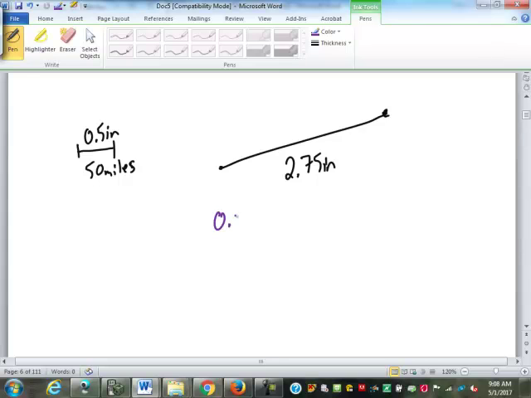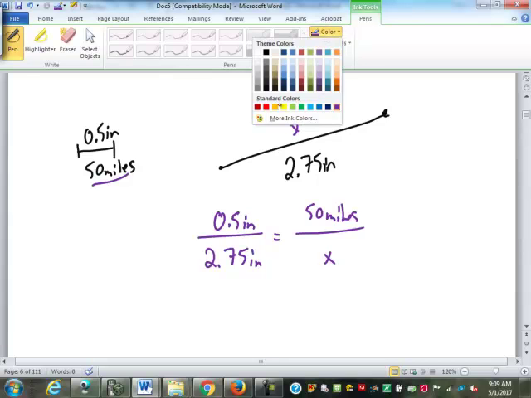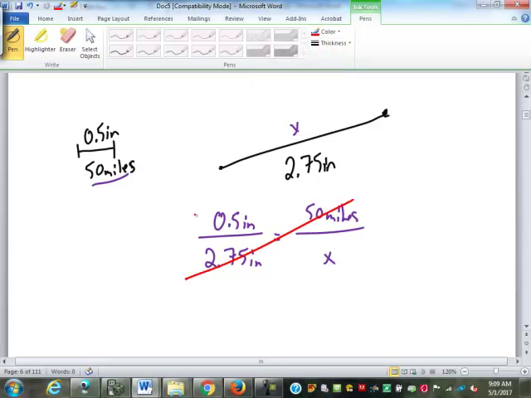Well, you've got 0.5 inches to 2.75 inches. Now the 50 miles goes with the 0.5 inches. Your actual distance, x, is what we're looking for. Cross multiply and divide. 2.75 times 50 divided by 0.5 is going to be, what, 275 miles?